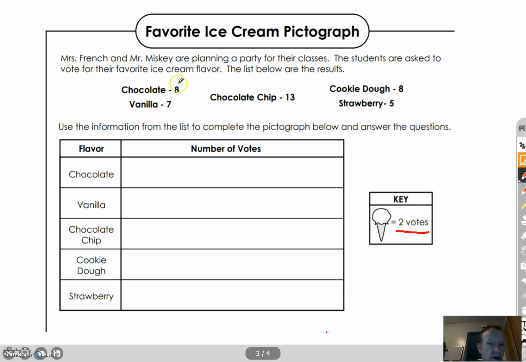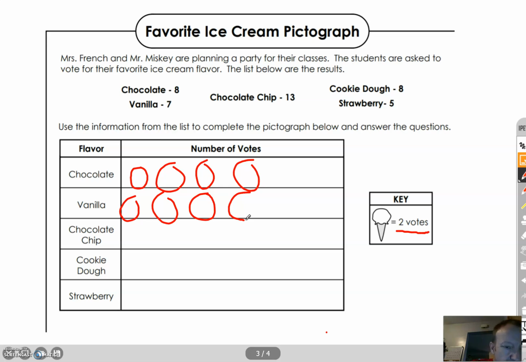Okay, so let's go to chocolate, and then we have 8. So instead of counting by ones, we're going to count by 2. So we're going to go 2, 4, 6, 8. Now we have vanilla at 7. So we're going to go 2, 4, 6, and I'm just going to draw half a circle, and that will indicate 1.